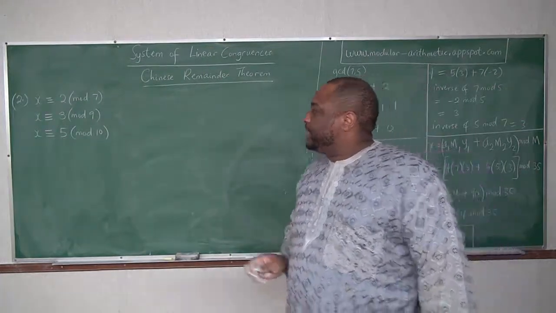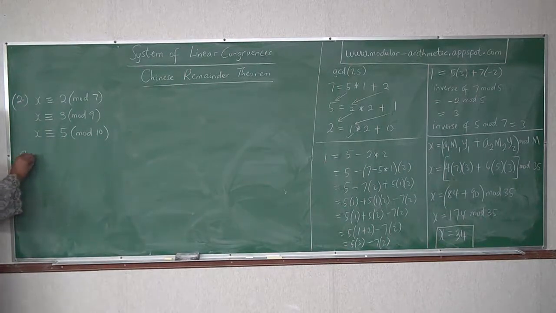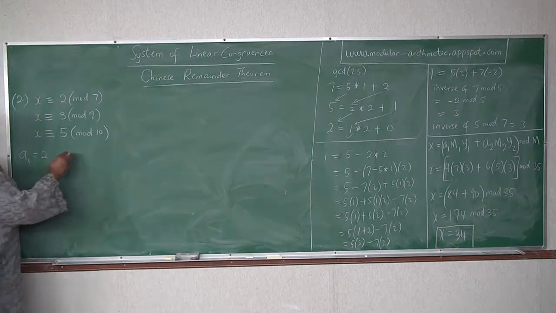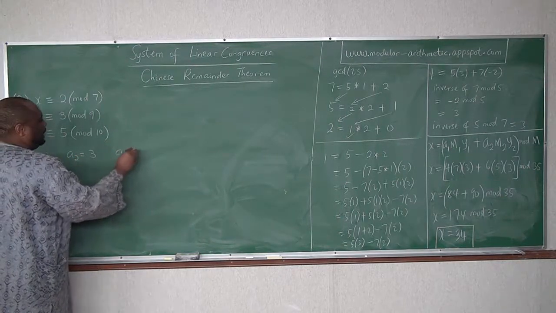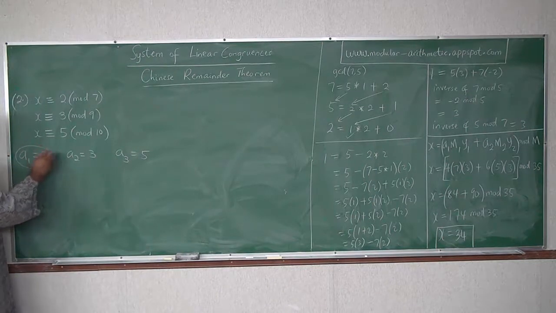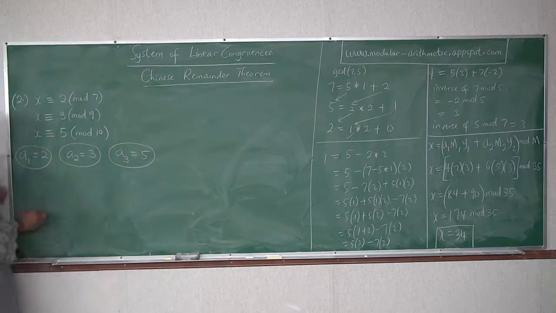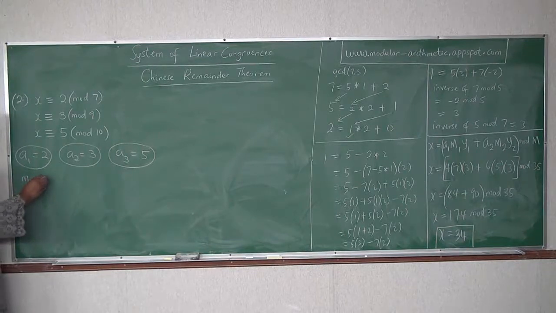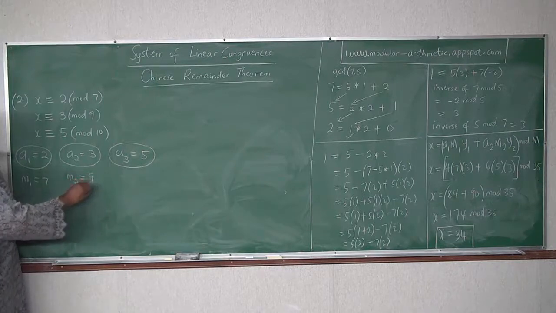Okay, let's do this. We write A1. Our A1 is 2. Our A2 is 3. Our A3 is 5. So let's circle it. Then our m1 is 7. Our m2 is 9.